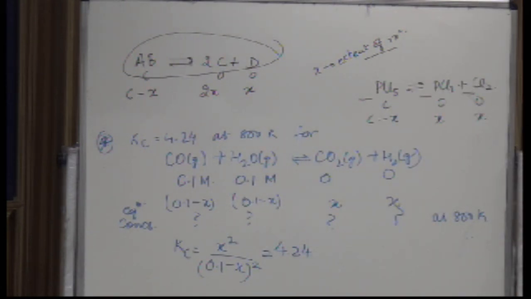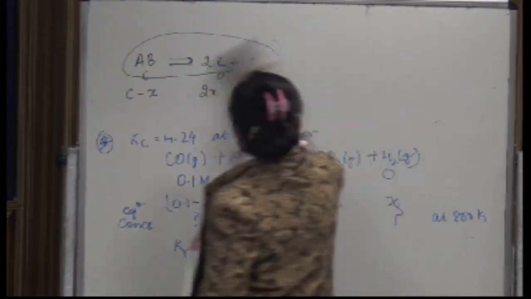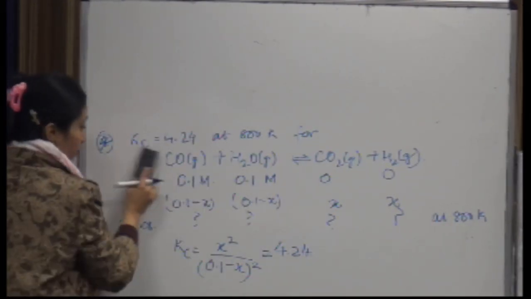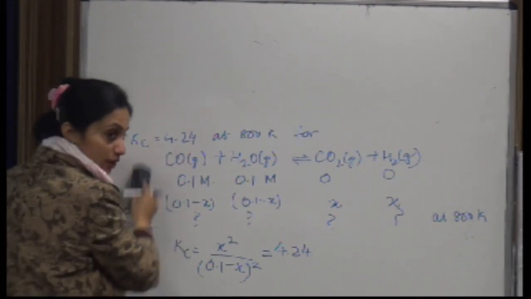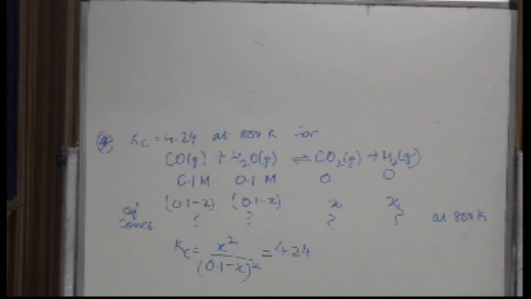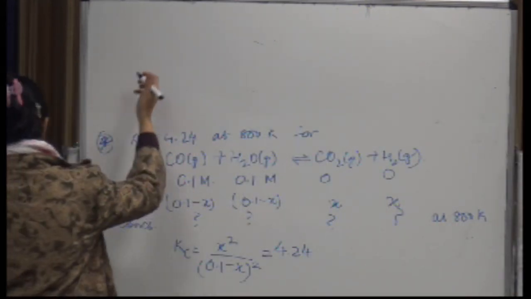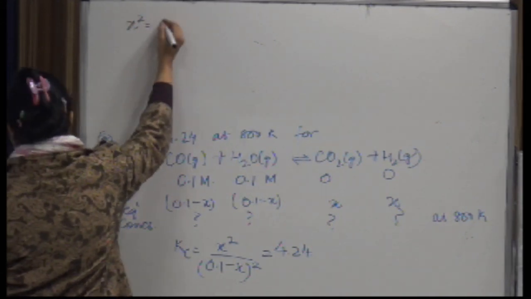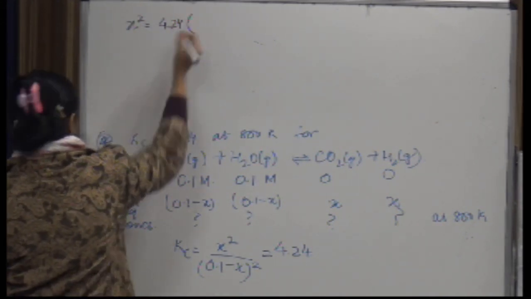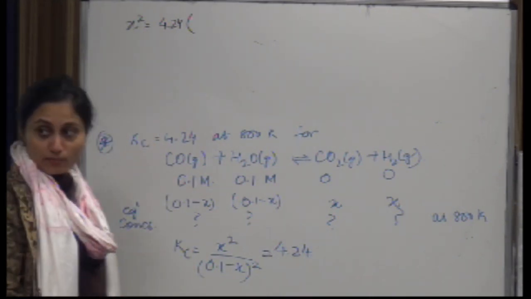Okay, for the previous question, coming back to the same problem again. I hope now you've understood, because this is an important part. If you're able to do this well, then you just have to put the values and do the simple mathematical calculations. So here, what you will have is x square is equal to 4.24 into, you know what is a minus b whole square? A square plus b square minus 2ab.